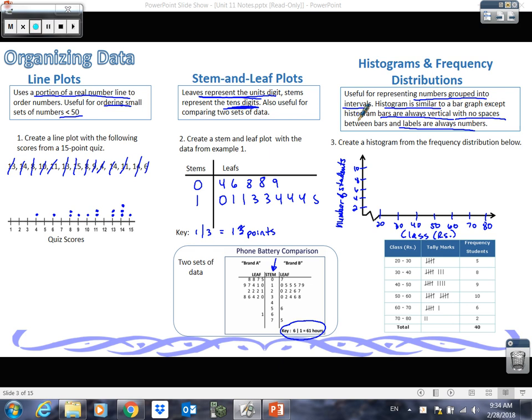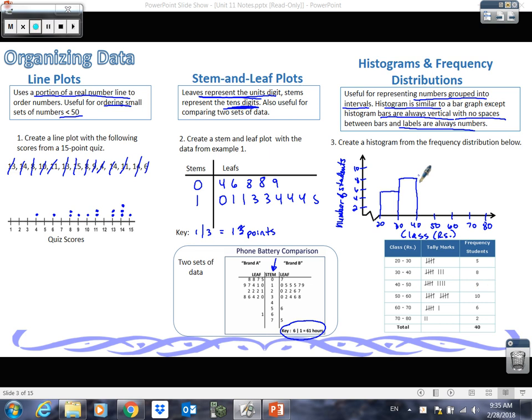Okay, so let's go to the 20 to 30 branch. That's 5 students. So I'm going to come up here to 5 and then draw that. Okay. Then the 30 to 40 is 8 students. So we're going to go up to 8. Remember, the bars are supposed to touch. Then 40 to 50 students is 9.